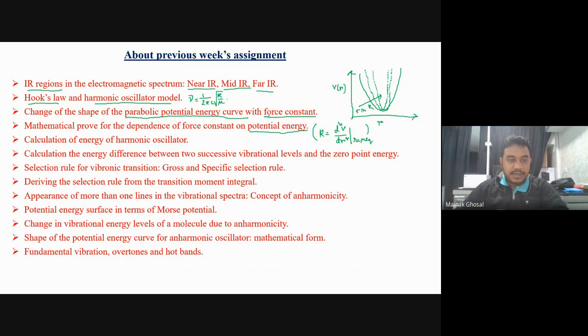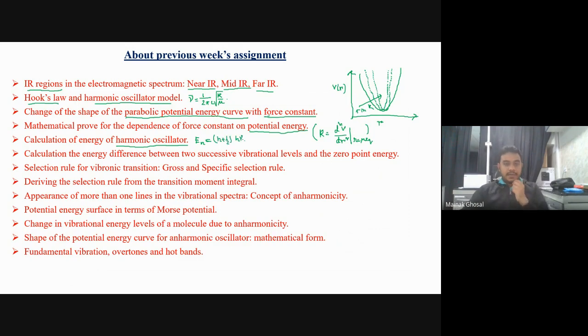So how was the energy of this harmonic oscillator? The energies of the harmonic oscillator were discussed. Suppose I denote the vibrational quantum number as V. For clarity, we will just use N. So En is equal to N plus half h nu.